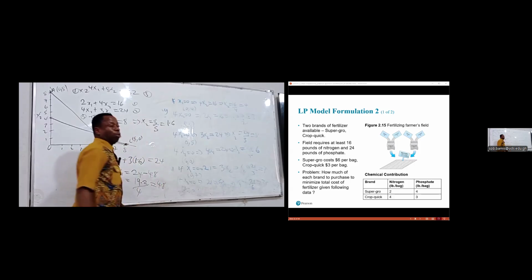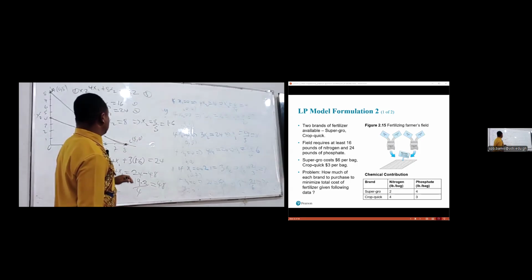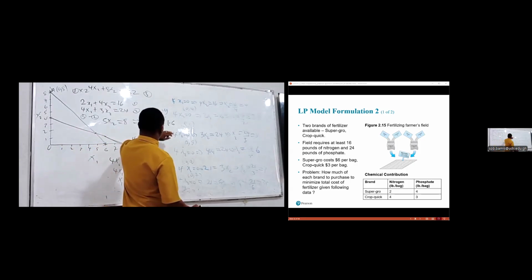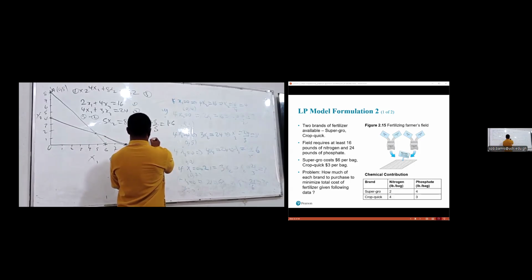So x1 will be 4.8. It means that at the intersection point, the coordinates are x1 is 4.8 and then x2 is 1.6.